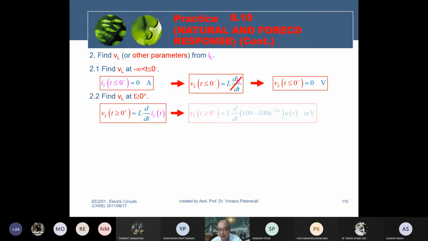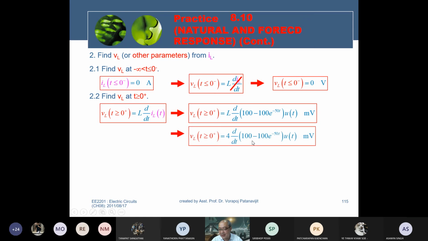The inductor voltage equals 0 for time less than 0. For time greater than 0, the inductor voltage equals L di/dt, and the inductor current equals 100 minus 100 e^(-50t). In this case we use 100 milli, therefore the voltage will be milli too. Now multiply them by here. Take the derivative of 100: the first term gives you 0. Take the derivative of e^(at): it gives you a e^(at), and a in this case equals minus 50.